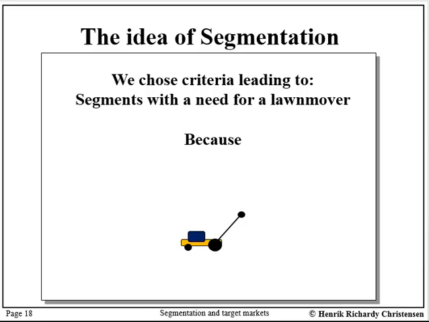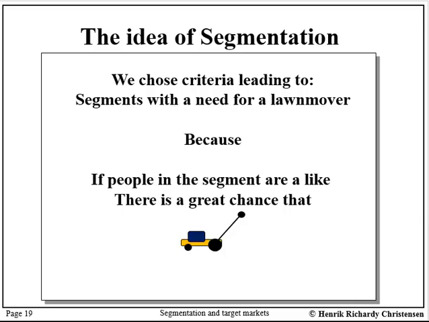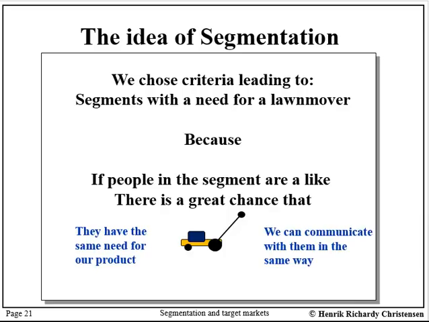We choose criteria leading to these segments because if people in the segment are more or less alike, there's a great chance that they have the same need for our product, and we can probably communicate with them in the same way.